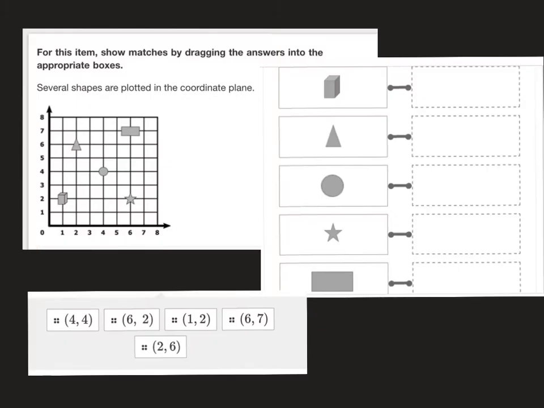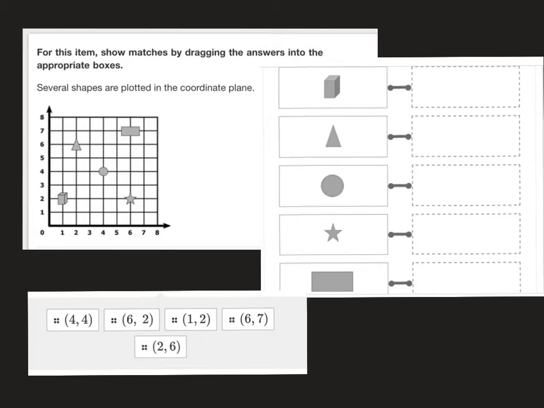All right, this next question is giving you a coordinate plane with individual shapes plotted on it. I had to do several pictures of this one because the layout was so big. They want you to say, if we look for this rectangular prism, what would be the ordered pair that matches it?